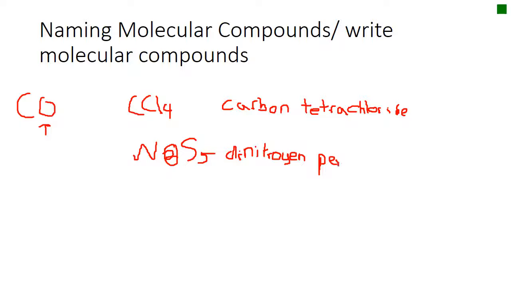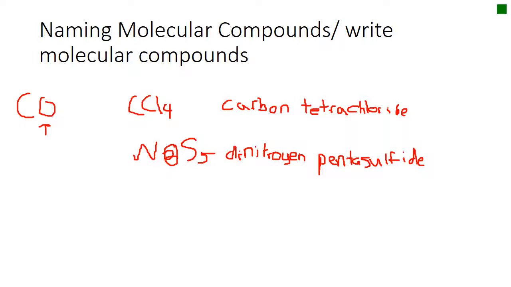Now in this case we don't have to drop an INE because sulfur doesn't have it to begin with. So what we have to do is drop the UR and add the IDE. And that's how you name molecular compounds.